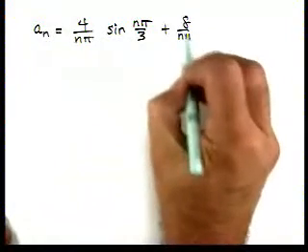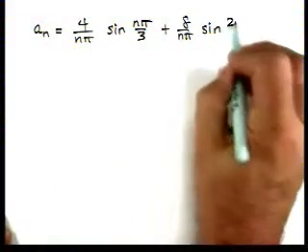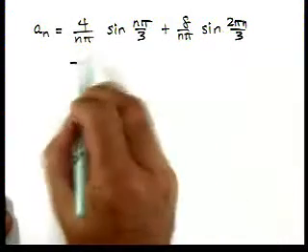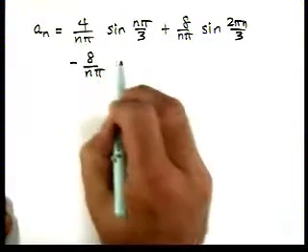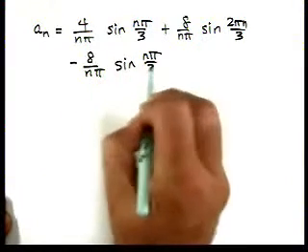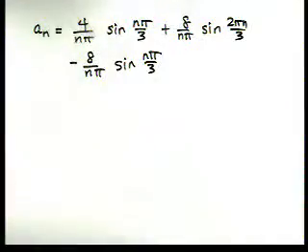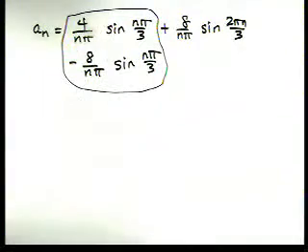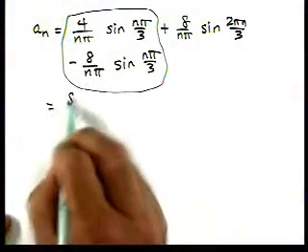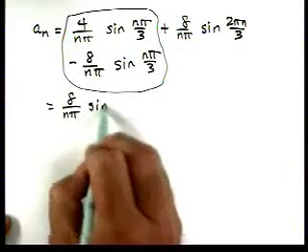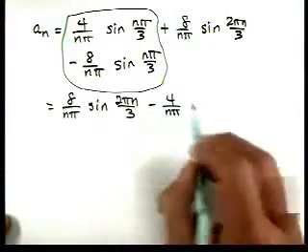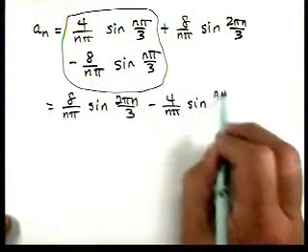Then we have 8 over n pi sine 2 pi n over 3, and then minus 8 over n pi sine n pi over 3. Now we can combine these two terms. So a_n becomes 8 over n pi sine 2 pi n over 3 minus 4 over n pi sine n pi over 3.